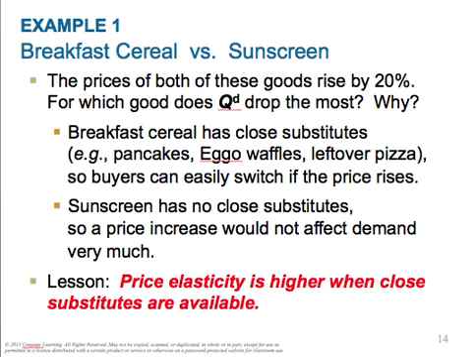What's the lesson here in this thought experiment? Price elasticity is higher when close substitutes are available. When there's something you can switch to, you tend to have a higher price elasticity, which basically means a higher response to price changes when there's something that you can easily substitute for.